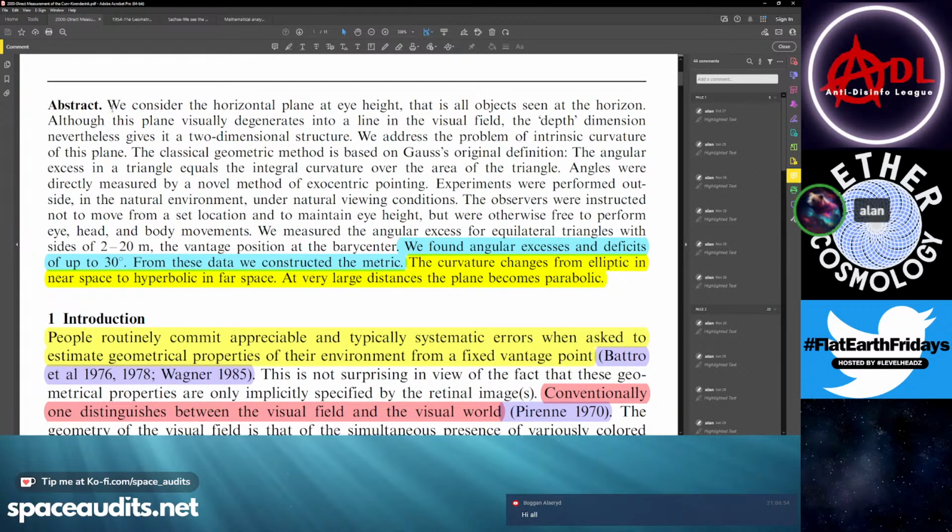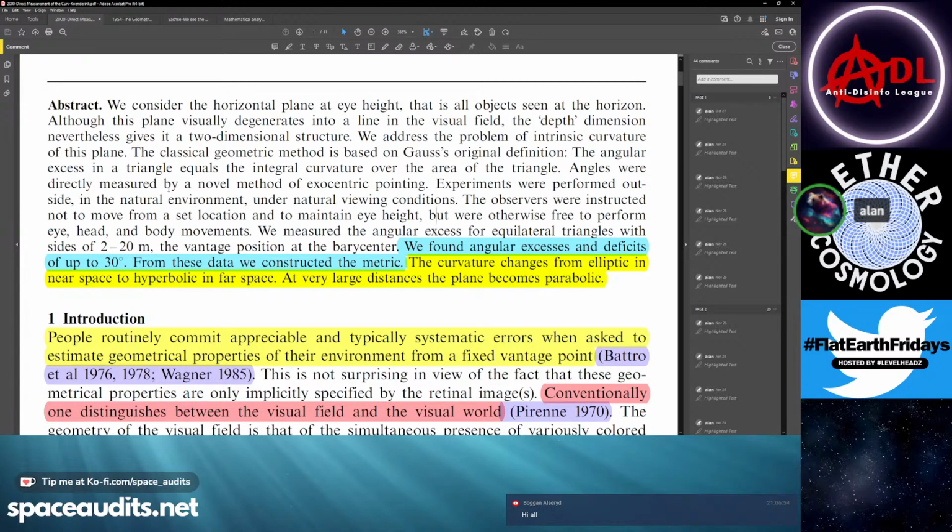Abstract. We consider the horizontal plane at eye height, that is, all objects seen at the horizon, although this plane visually degenerates into the line of the visual field. The depth dimension, nevertheless, gives a two-dimensional structure. We address the problem of intrinsic curvature of this plane. The classical geometric method is based on Gauss's original definition: the angular excess in a triangle equals the integral curvature over the area of the triangle.